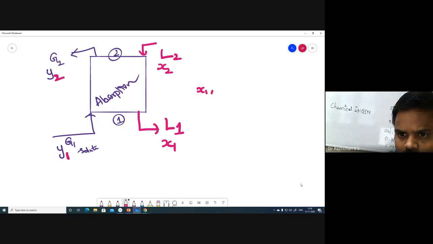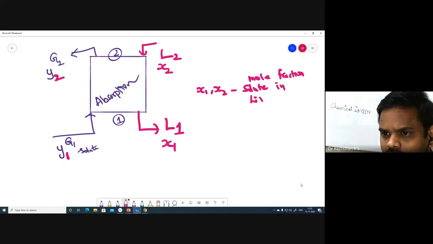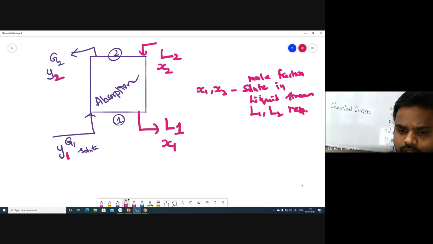So X1, X2 are the solute compositions, or mole fractions of solute, in liquid streams L1, L2 respectively.